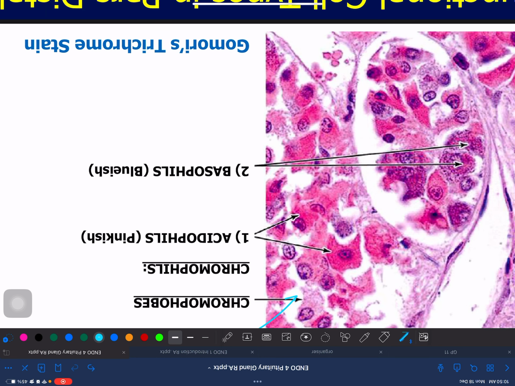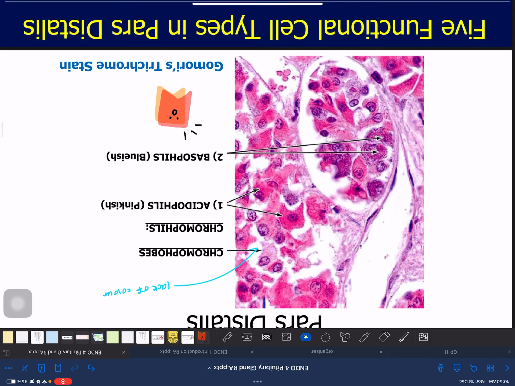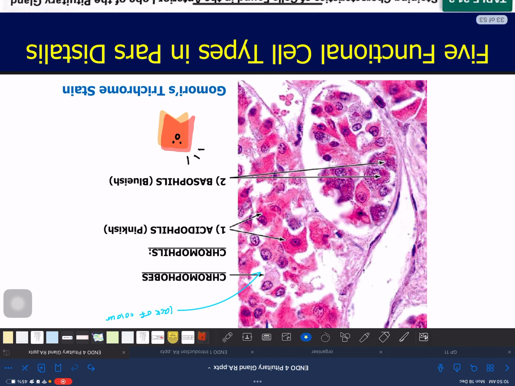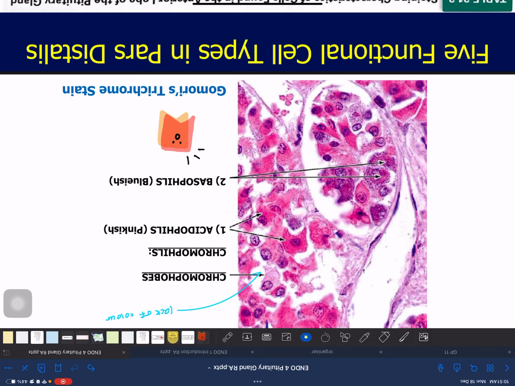So if you can identify that, so trophs, okay, these are the acidophil or basophil, so these are the hormone cell types, that is the secretion of the hormone, but everything needs special stain to identify which specific cells in the anterior pituitary.